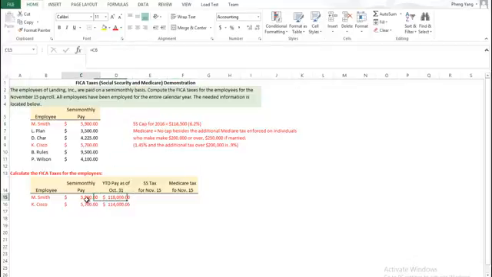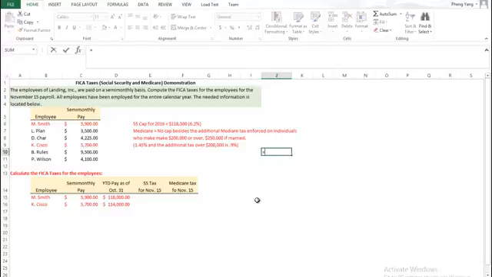So I know for a fact that if I add $118,000 to the $5,900, he's going to be well over the cap, and I should not tax the entire $5,900. So to find out how much I need to tax out of this $5,900, I will do the following.